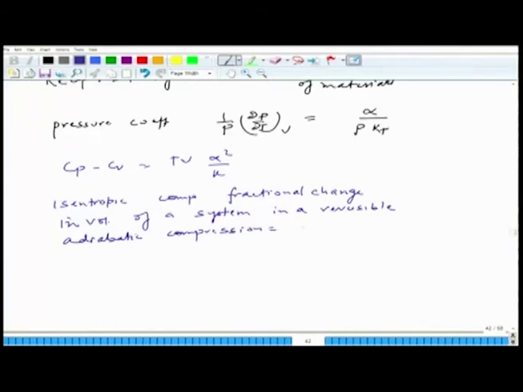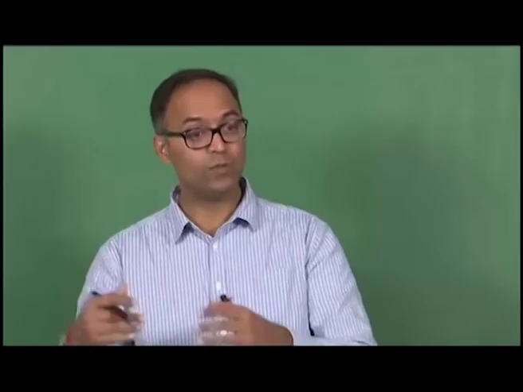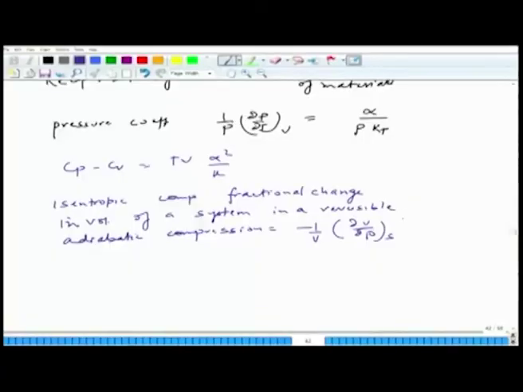It is minus 1 by V del V by del P at constant entropy, because you are compressing it; reversible adiabatic means entropy constant. You can show this is nothing but Cv by Cp multiplied by K. So all these things you can connect to measurable quantities, whatever you desire.